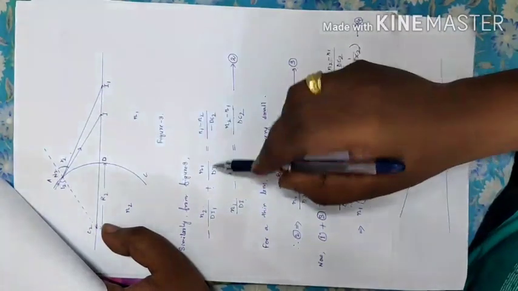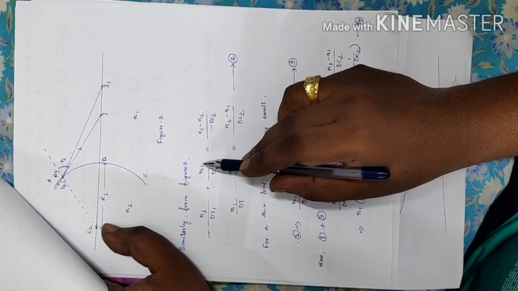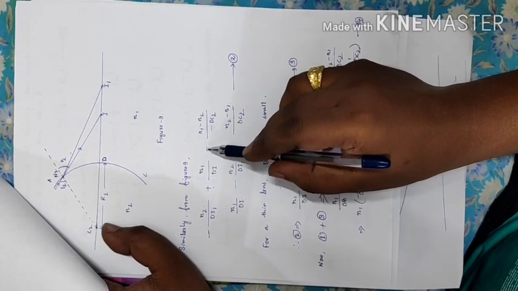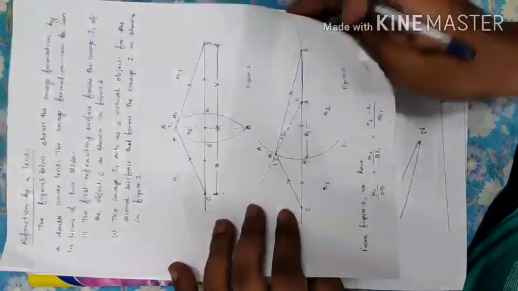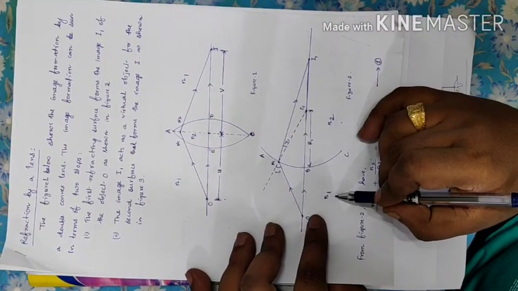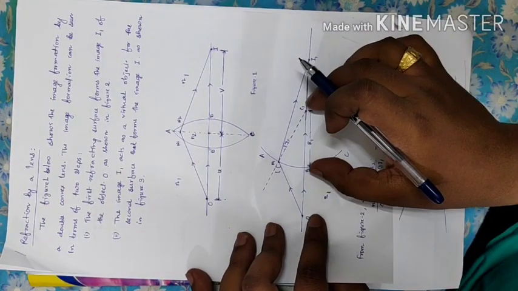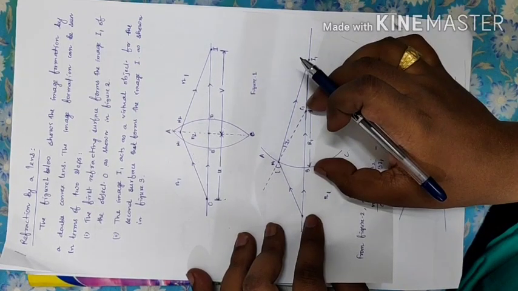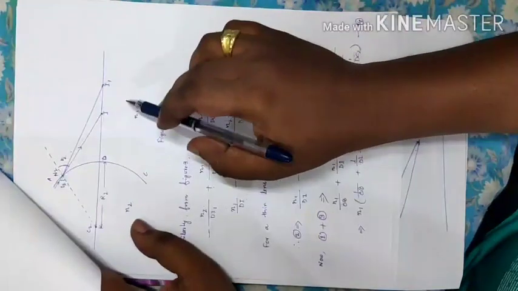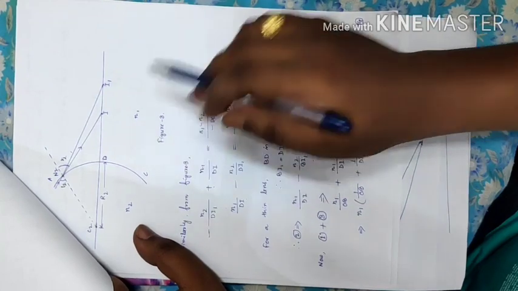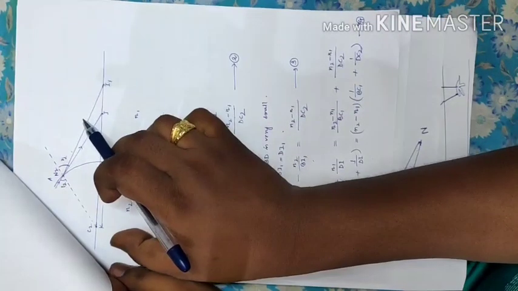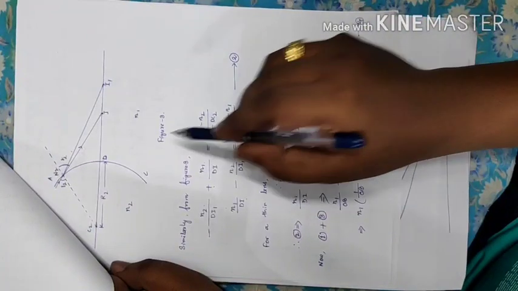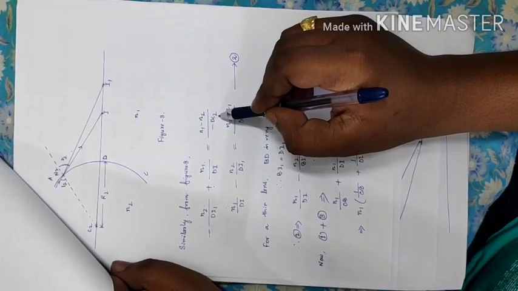Those are on the same side, so plus remains. So N1 by DI is equal to N2 minus N1 divided by the right side R1, meaning BC1. Then N1 minus N2 divided by the right side DC2 would be needed, but since DC2 is on the left side, it is minus, so N1 minus N2 divided by minus DC2.